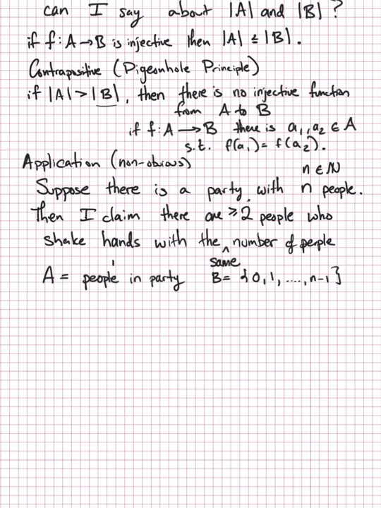There are n people here, and the function, which goes from A to B, takes a person and goes to the number of people that person shakes hands with.